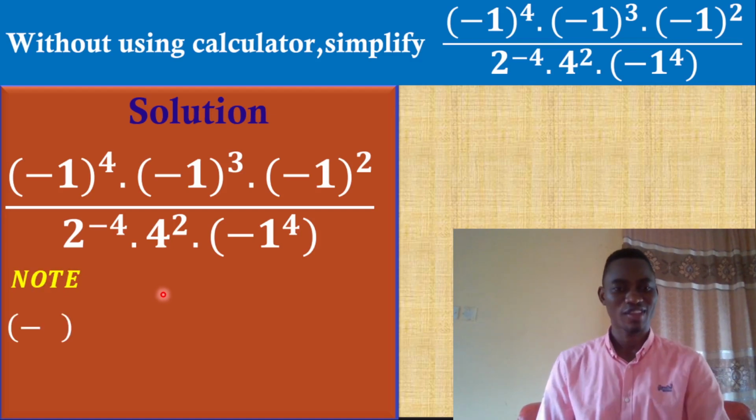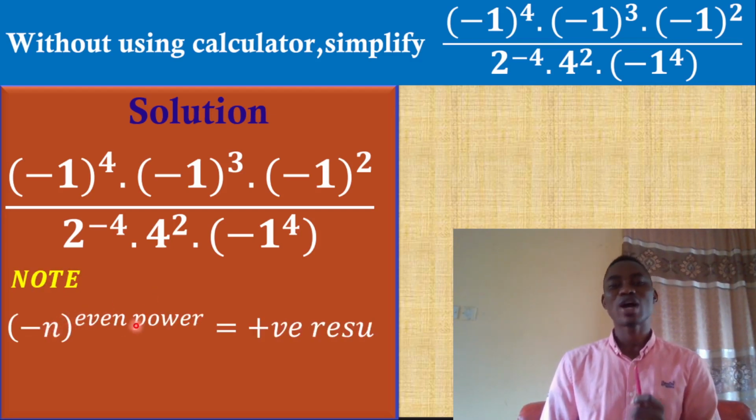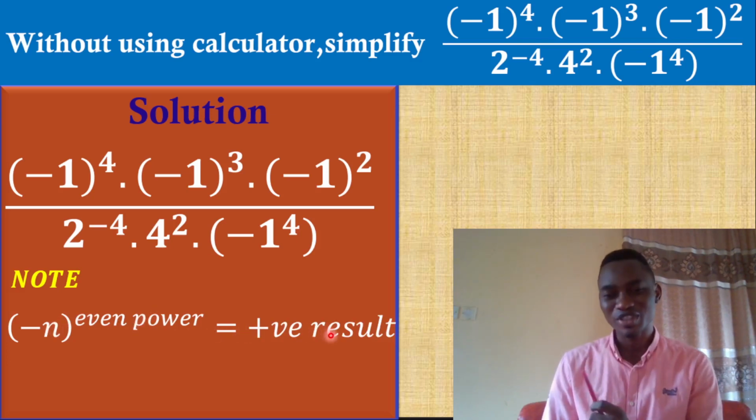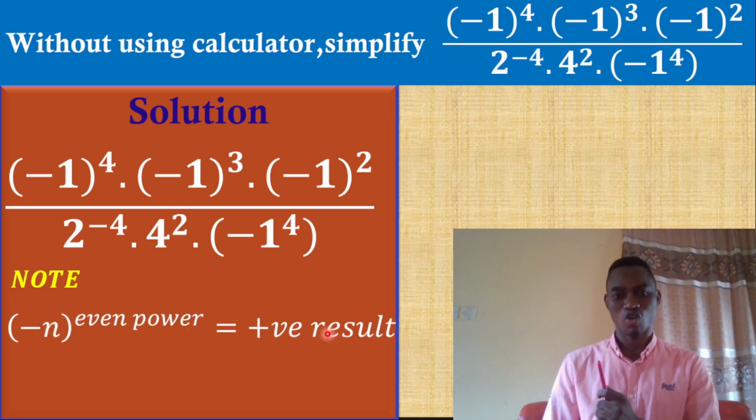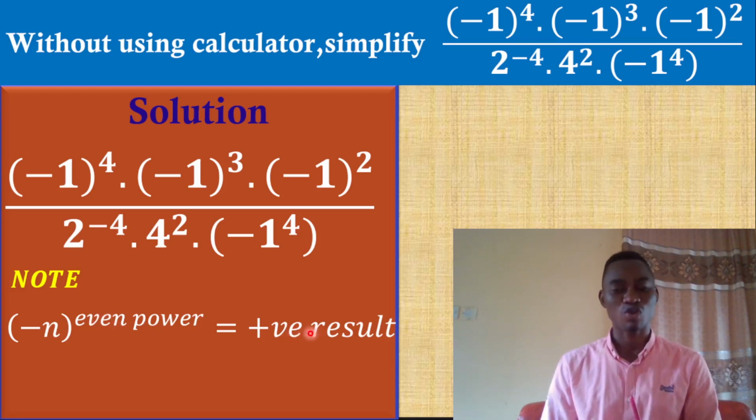One: a negative number raised to an even power always returns a positive result. When a negative number is enclosed in a bracket and it is raised to an even power, if the power is even, then always expect a positive result.